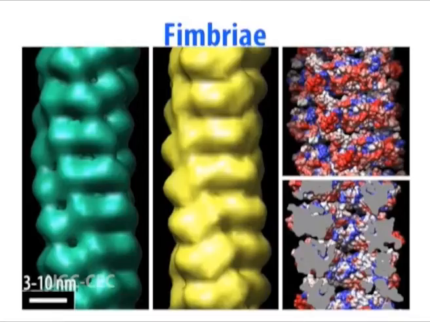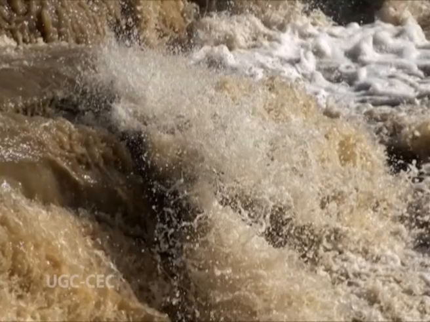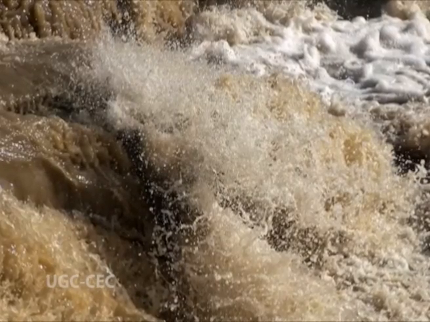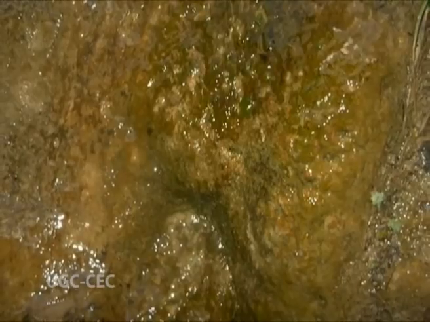A cell may be covered with up to 1000 fimbriae, which are slender tubes composed of helically arranged protein subunits and are about 3 to 10 nanometer in diameter and up to several micrometers long. These are also responsible for mutual clinging of cells, forming a film on liquid as well as other thick aggregates.